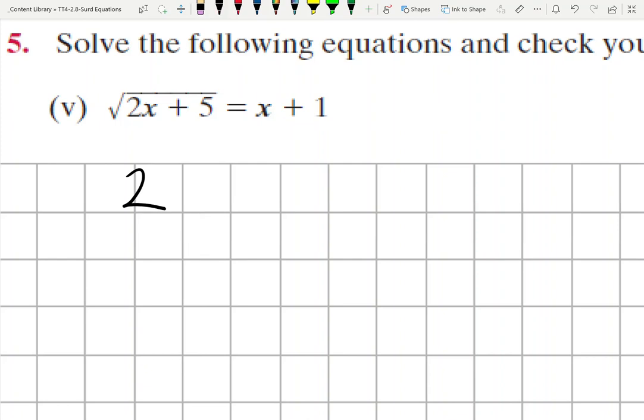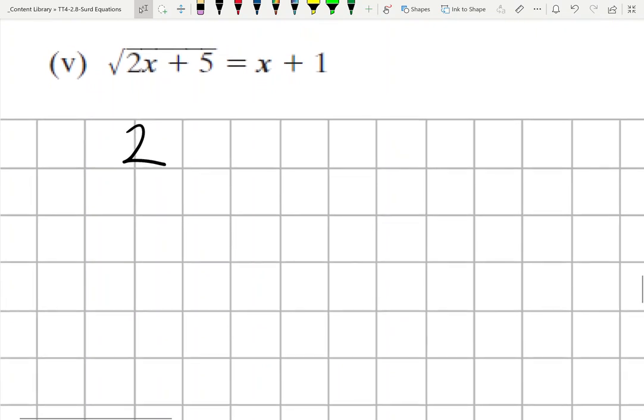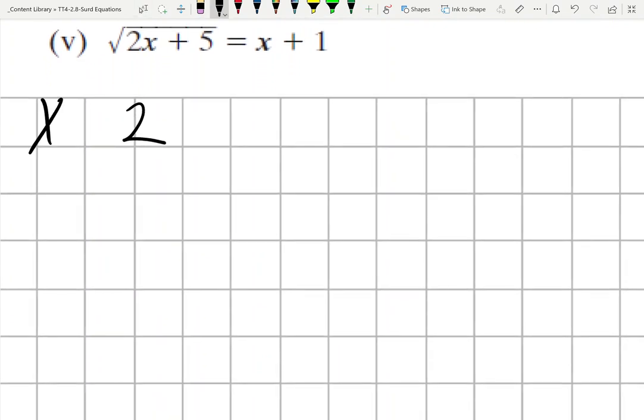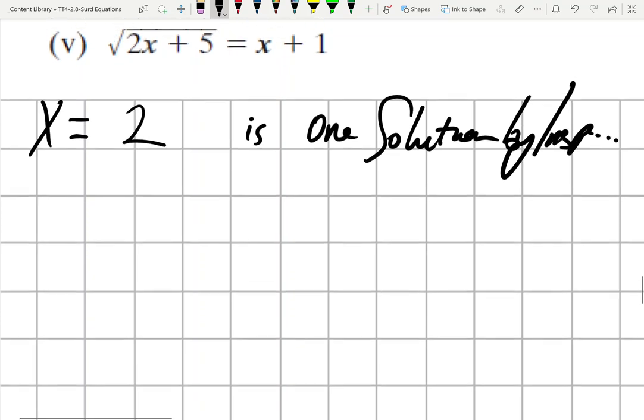Might be the only answer. I think once you found that low value, you'd say x equals 2 is one solution by inspection, and then you go on.